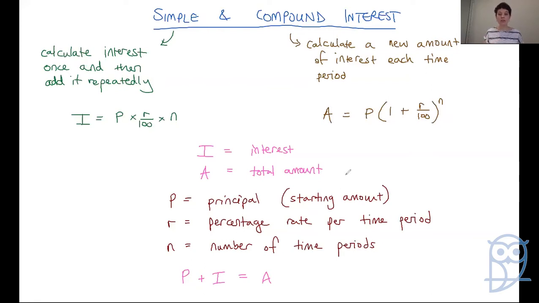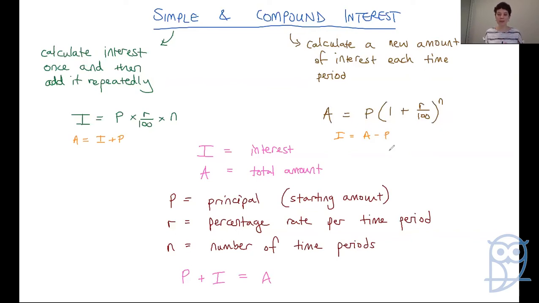Because we have this relationship between P, I and A, and we're working out different things from the formulas, we have to bear in mind that A equals I plus P, and that I equals A minus P. And then we've got to read those questions carefully, because we've got to say, are we looking for A, the total amount at the end of the time period, or are we looking for I, the interest earned in that time period?